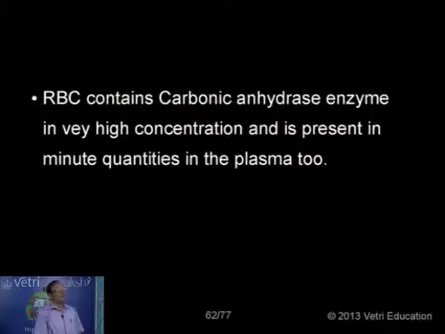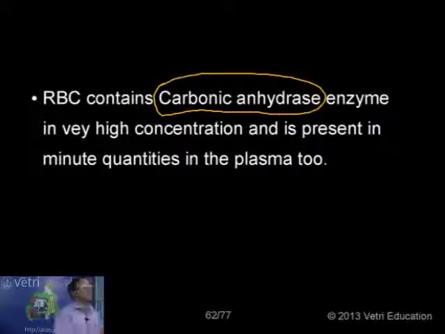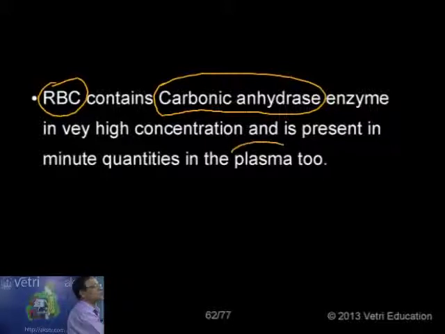Now, there is one enzyme that we have, that is carbonic anhydrase. This is the enzyme normally found abundant in RBC and also found in low concentration, just a low amount, in the plasma too. This is the enzyme which is considered the fastest enzyme in the enzyme world.